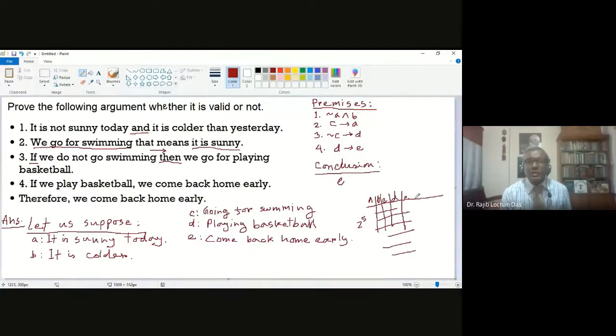And then you find out not A, and then you find out not A and B. So one sentence is done. And you find out C implies A, that is another sentence. And then you mix up together 1 and 2. How will 1 and 2 be combined?